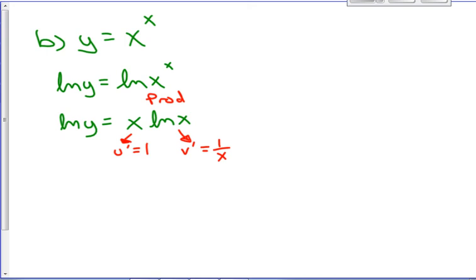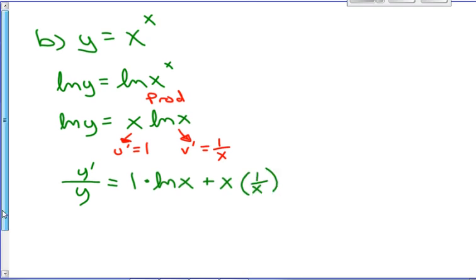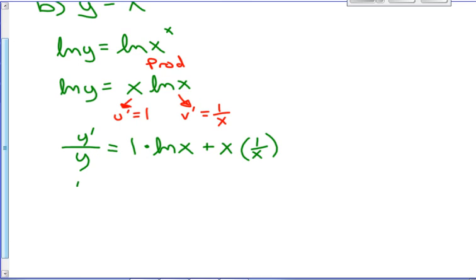The left-hand side, original on the bottom, derivative on the top, y prime over y. And that's what the left will always look like. Right-hand side would be 1 times ln x, that's u prime times v, plus u times v prime. And we'll just follow it through. I'm going to multiply by y so that I isolate y prime.